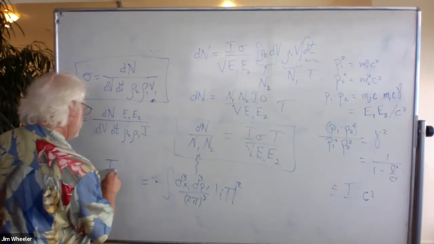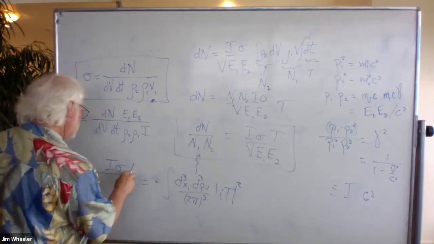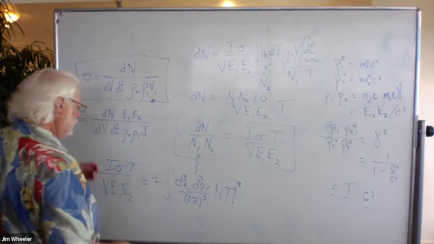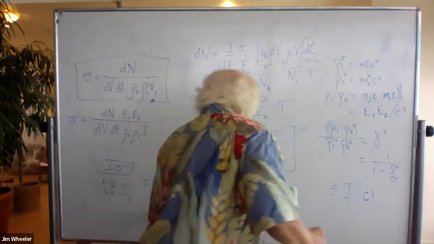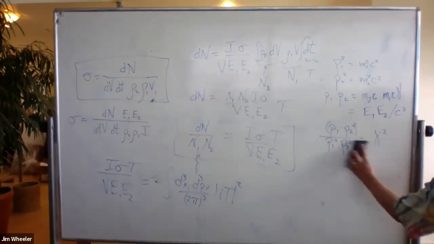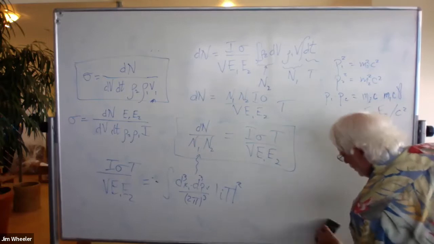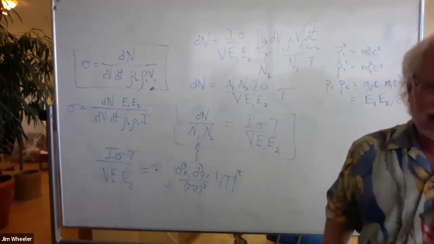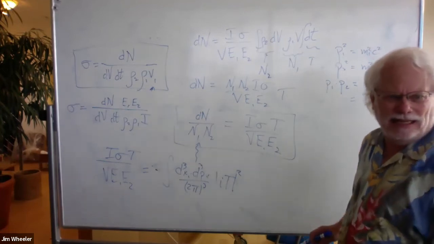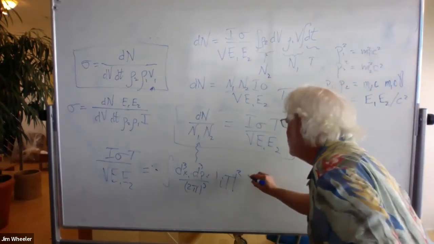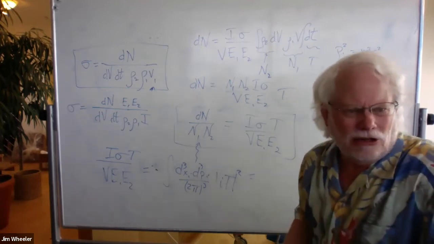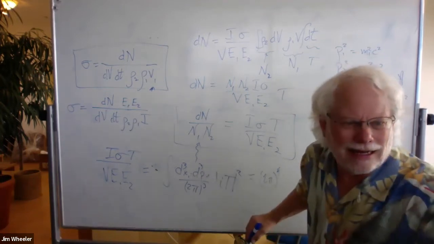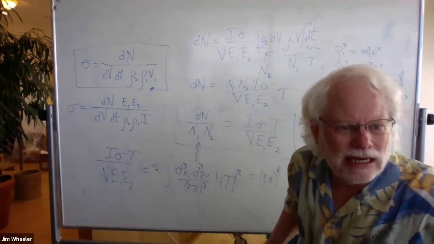This is equal to I sigma times T over the E1, E2. And now we simply replace this by that expression that I apologize for having to erase earlier, that we derived for the rate. It's all this matrix element stuff, right? So this is going to be 2 pi to the 4th. Then I just have to copy this.